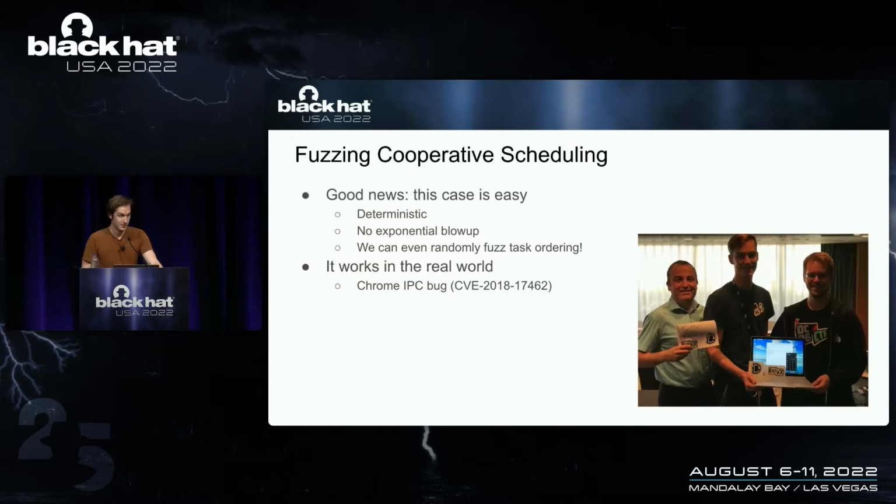So the good news about cooperative scheduling is that it is easy. Cooperative scheduling, because it runs in order, if you think about that first example, there's no random yields popping up. It's all explicit. So as long as you're running the program, and if you have a deterministic scheduler, there's no randomness at all. You can run the same test case over and over.